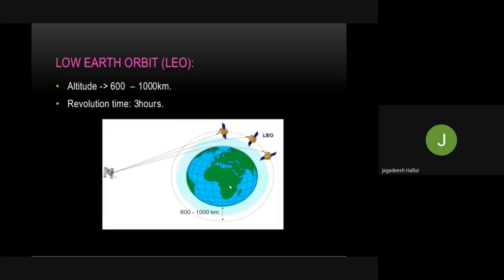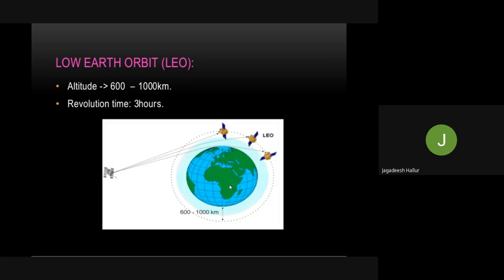And revolution time: it revolves around the Earth 8 times in a day. You are seeing the number of satellites over here. More satellites can be launched in the low Earth orbit.